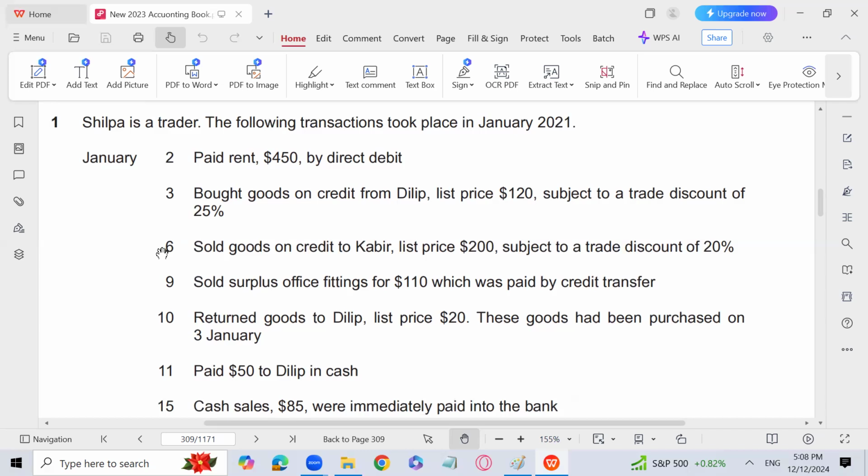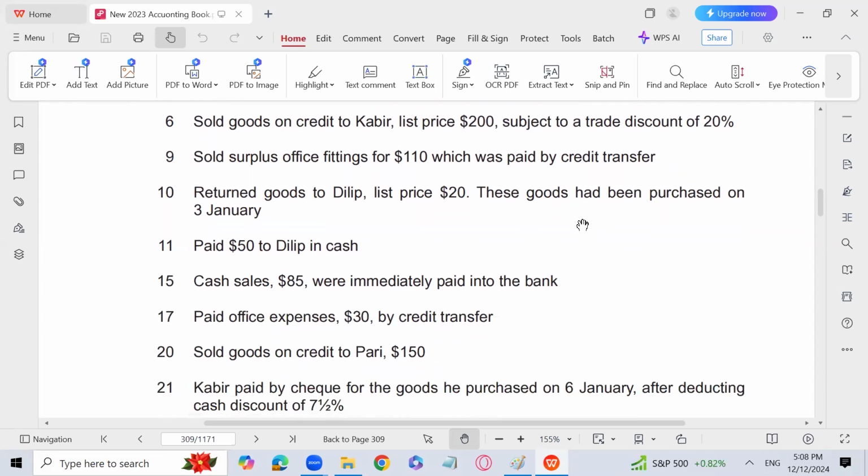But that return is on list price, that is 20. So I have to take 25% of 20, because it includes trade discount, which is not supposed to be shown anywhere in the books. So it comes to 5. 20 minus 5, I will pass the entry Dilip to purchase returns with the amount of 15. It will go in the purchase returns journal.